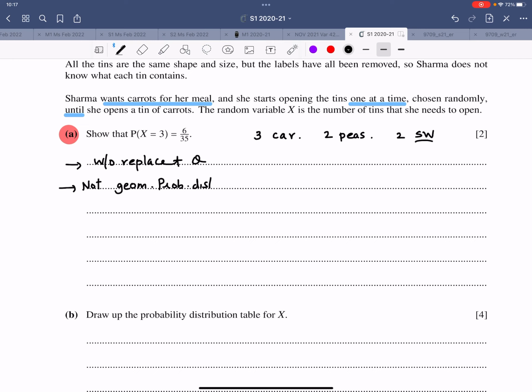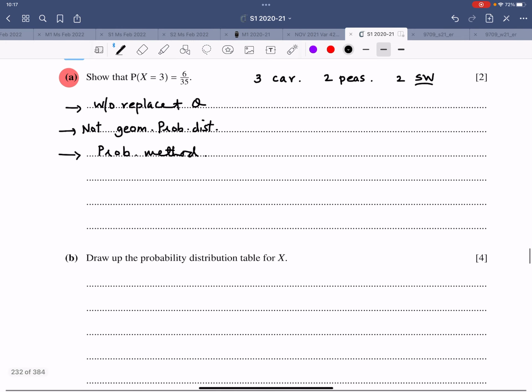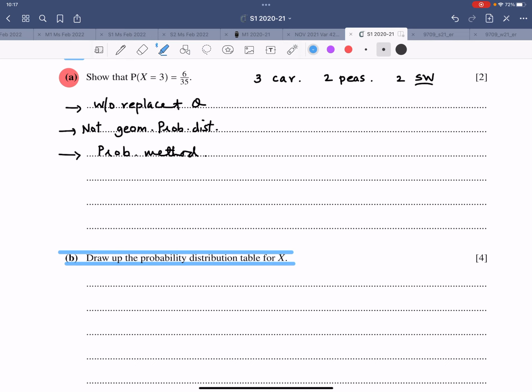So this has to be done using the probability method. Of course, we have to calculate the probability. Now, let me look at the complete picture. Draw up a probability distribution table for X. I'll be doing this, and naturally I'll get the answer for this one also in this method.